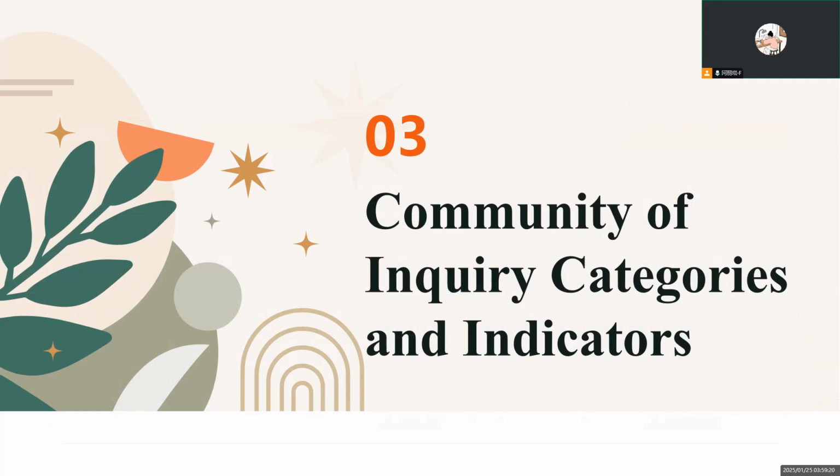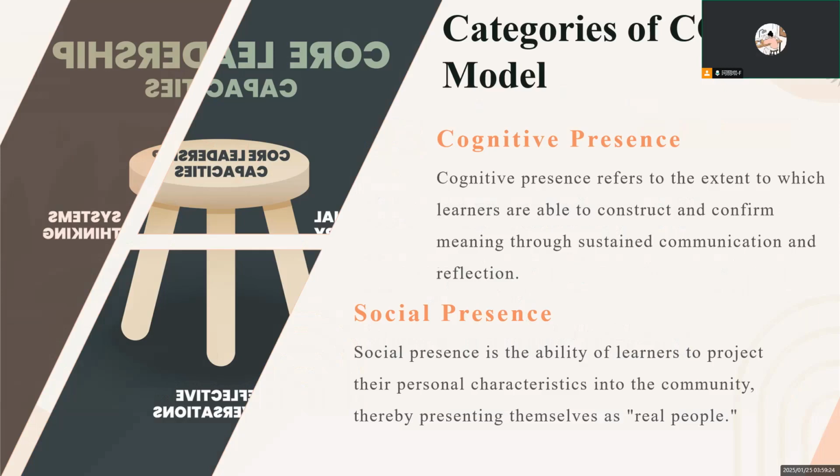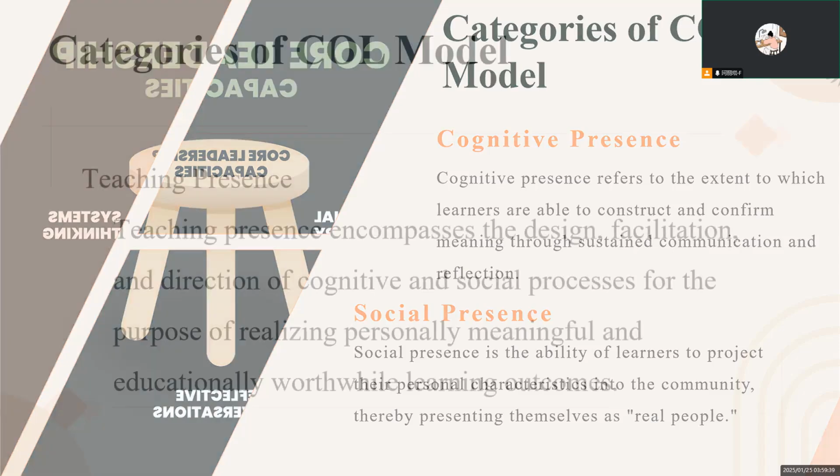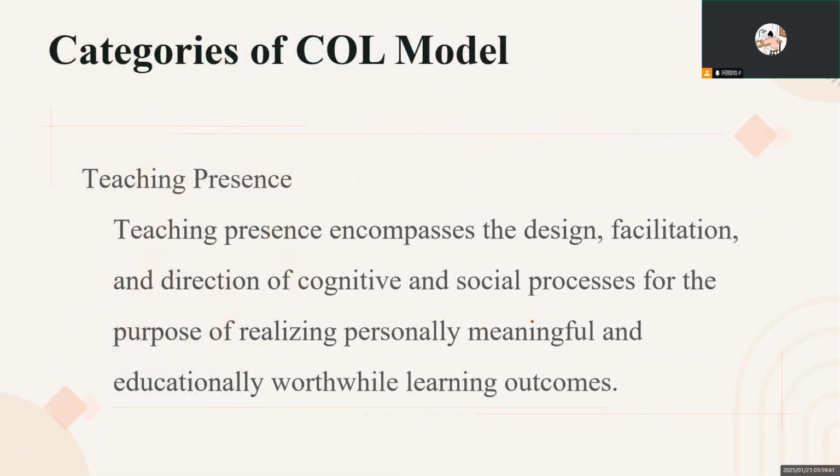The three components of the COI model are assessed using various indicators. Social presence focuses on interaction and a sense of belonging. Teaching presence evaluates the clarity of course design and feedback.